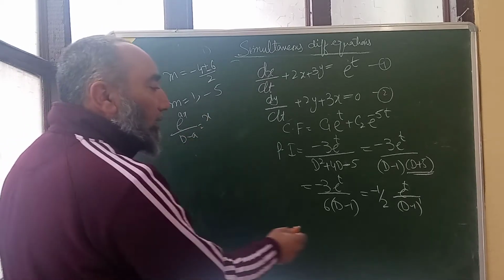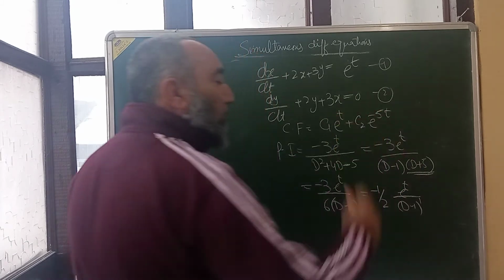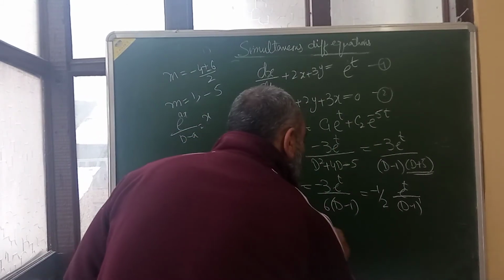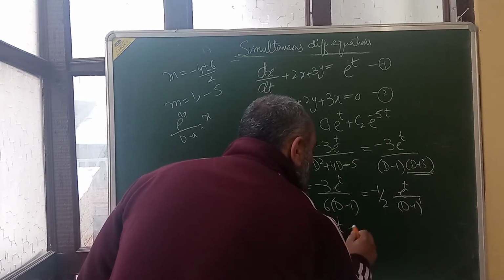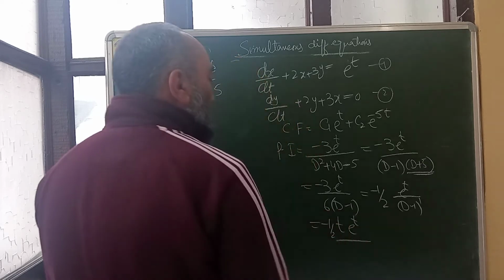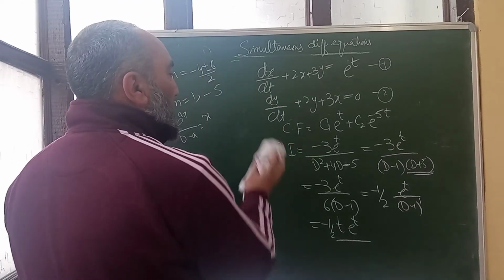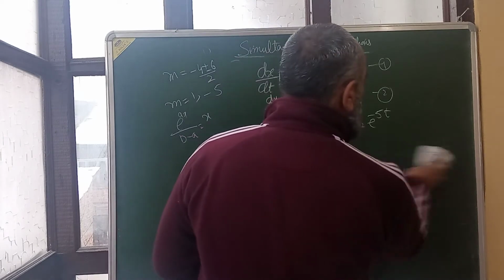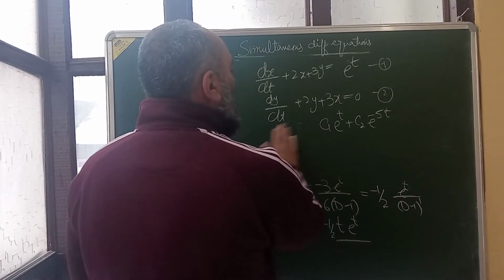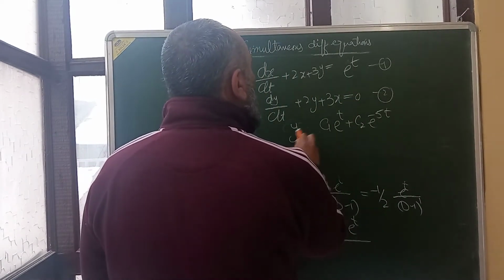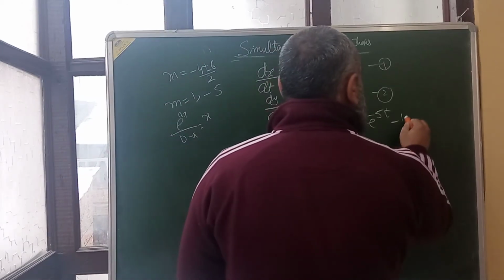But instead of x, I have to write t because I have a function of t. So this is minus half t e raised to the power t. Fine. Therefore, my y is equal to complementary function plus particular integral.